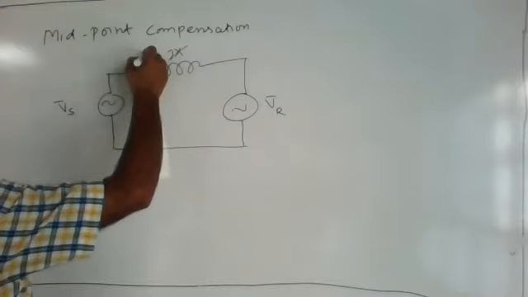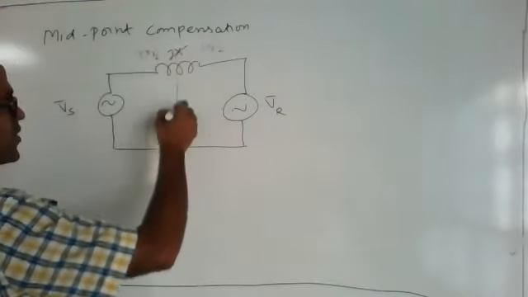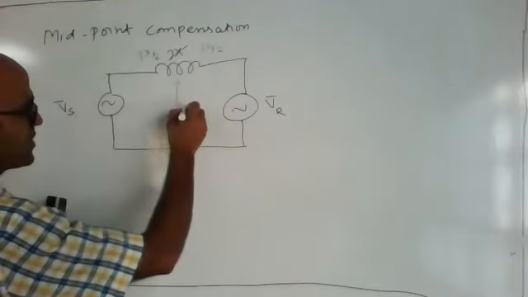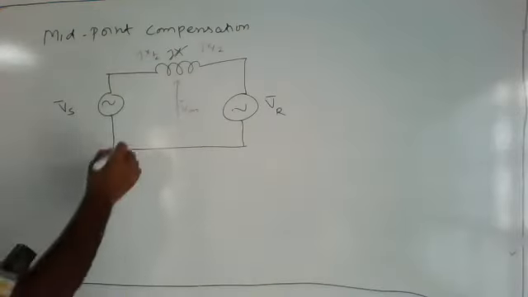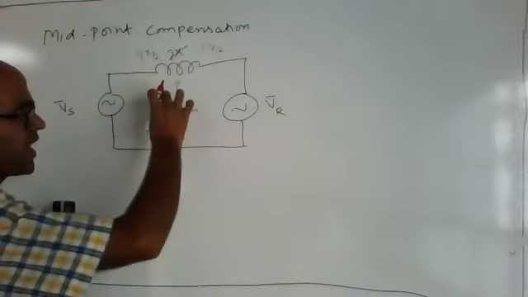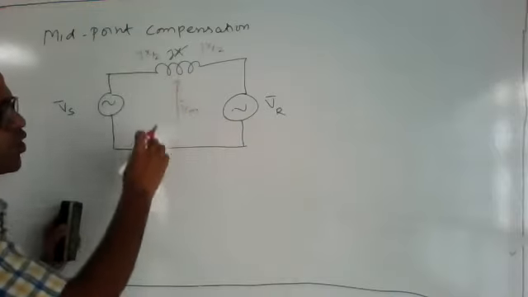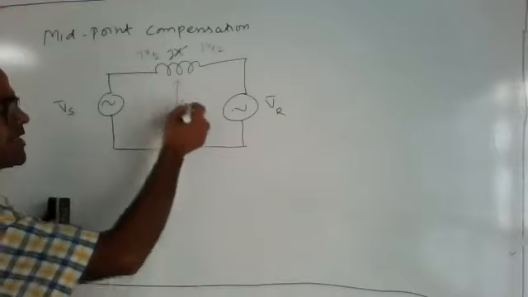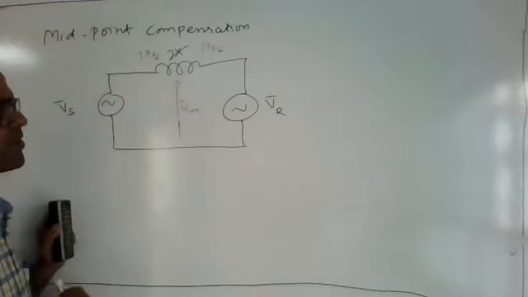One is jX/2 and the second part is jX/2. So if I break up this line into two parts, and place Vm voltage here, Vm voltage introduced by some device. Here I will introduce some reactive power source, generator or absorber. Anything I can place here, any device which can modify reactive power.